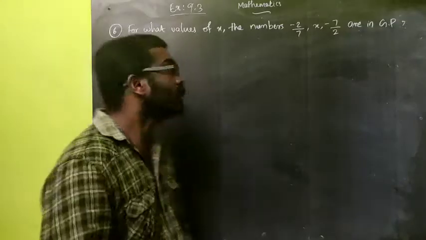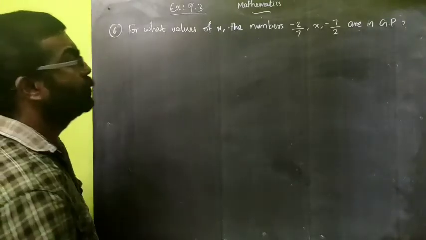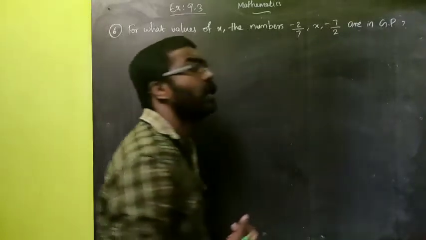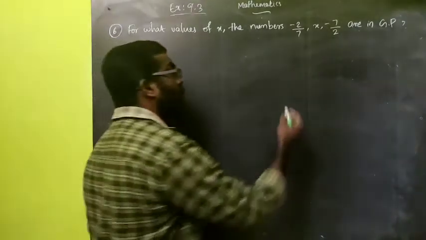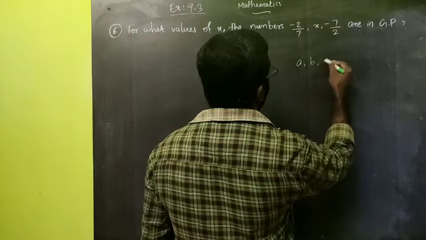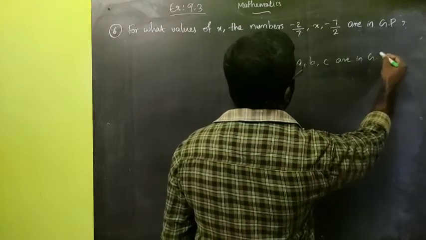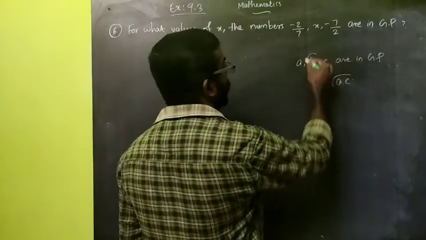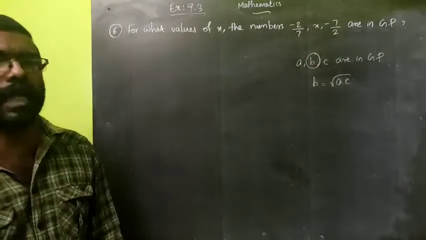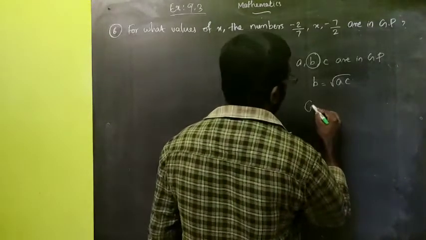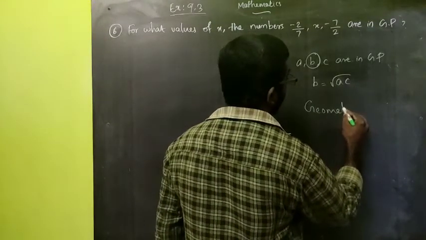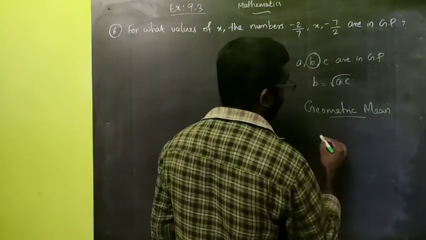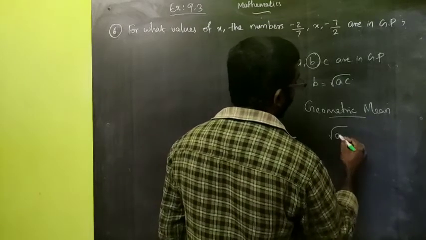So the next one is: for what values of x are the numbers minus 2 by 7, x, minus 7 by 2 in GP? We have one result: if a, b, c are in GP, then b is equal to root AC. And this b is known as the geometrical mean. So the geometric mean between two numbers a and b is given by root of AB.